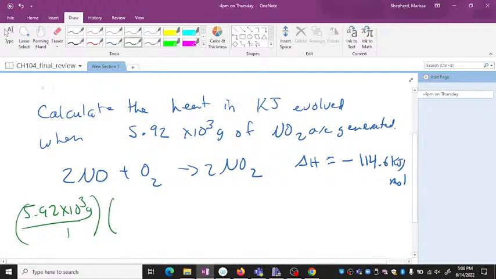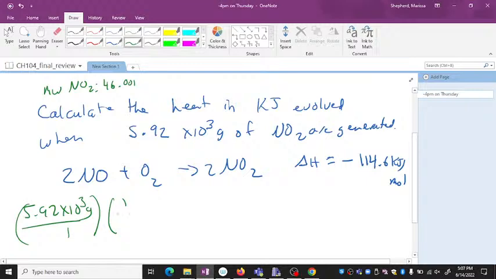And then, what's the molecular weight for NO2? 46.001.